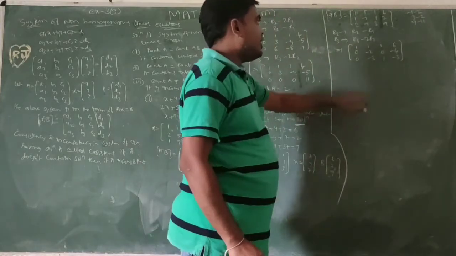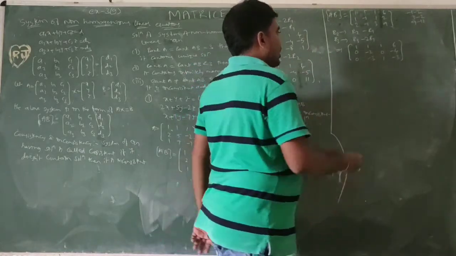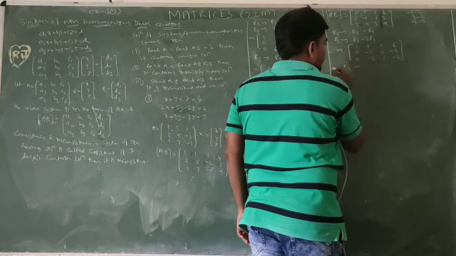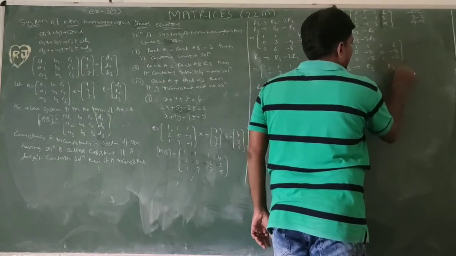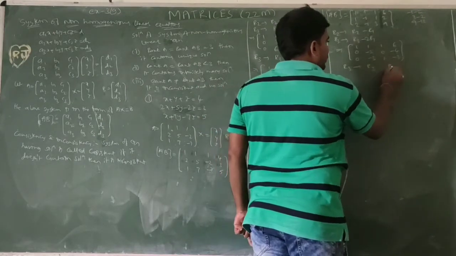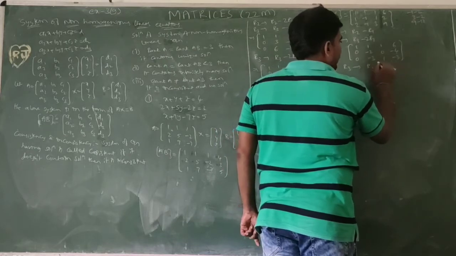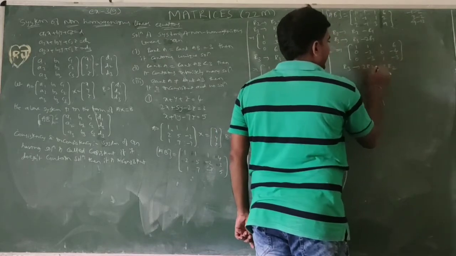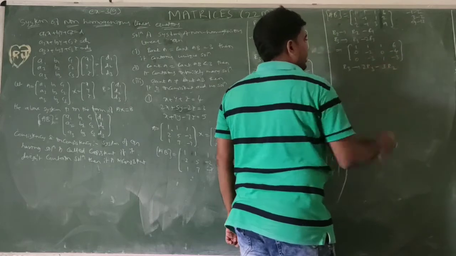Okay, next we need to convert this element to 0. R3 changes to 3 R2 minus 2 R3. This 3 writing here, this 2 writing here, the same sign, keep minus in the middle.